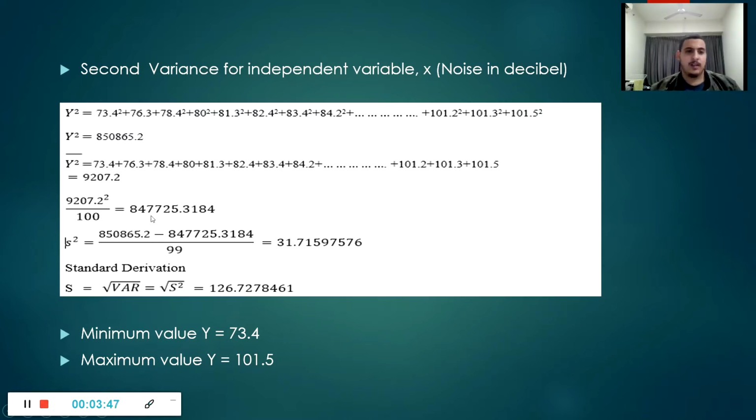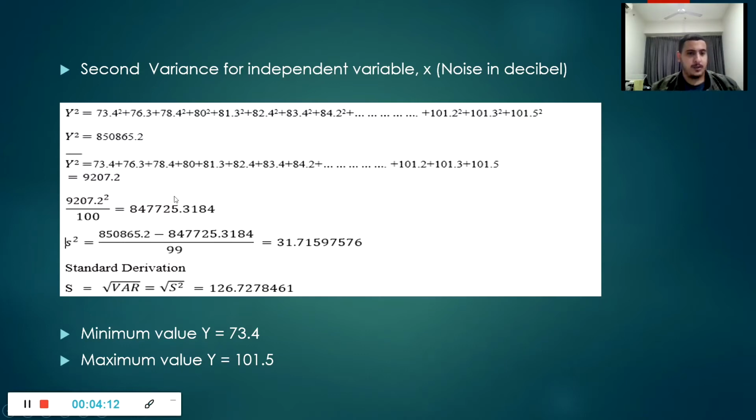So to find the standard deviation, we need to first square it, then divide it by 100. We will get 847725.3184.